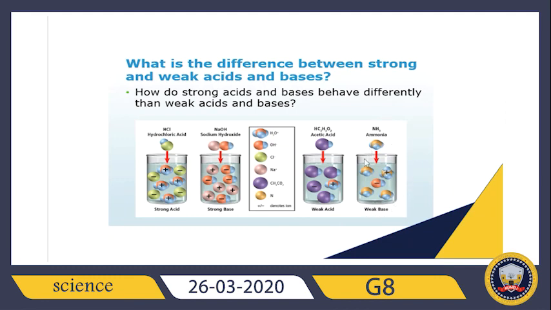So here, guys, only one ammonia molecule breaks apart, and it results in the production of 1 hydroxide ion and one ammonium.